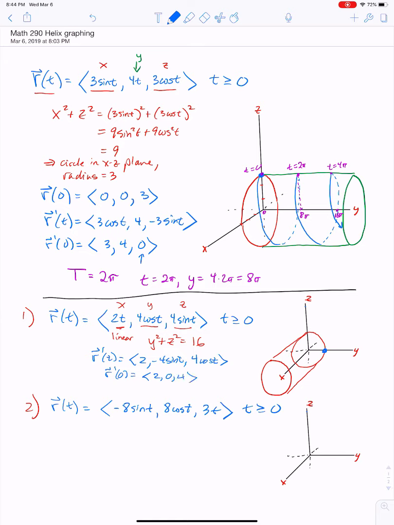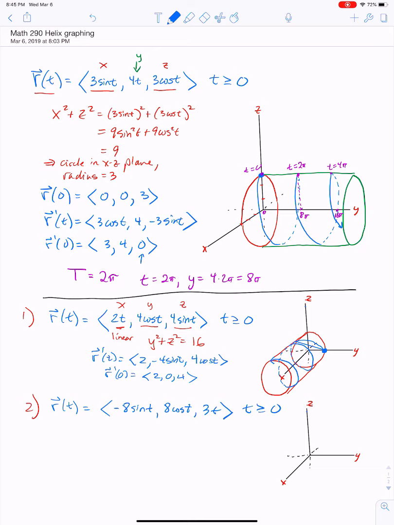So from this point, the x component is moving in the positive direction, and the z component is moving in the positive direction. So it's going to go up and around, something like that. Something like that, although this part doesn't look right. There we go. Something like that. And then it goes around.